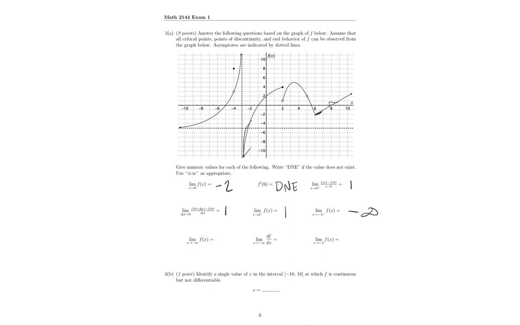And then if we look as x goes to negative infinity, the graph looks like it's closer and closer approaching negative 5. Now, if we're looking at the limit of the derivative as x goes to negative infinity, what's happening to the slope of the function as x goes to negative infinity?